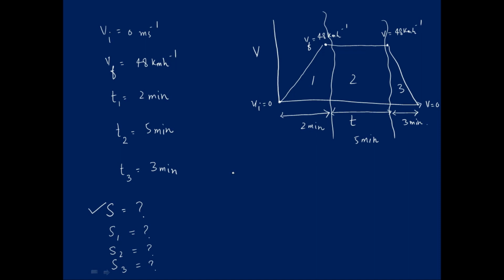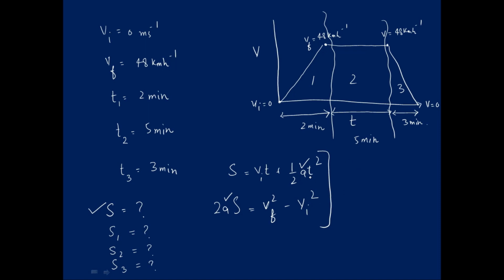The first is the second equation of motion, s equals vit plus half at square, or we can use the third equation of motion, 2as equals vf square minus vi square. In calculating the distance from these 2 equations, the one parameter that is still unknown to us in this problem is acceleration. So first we have to calculate the acceleration.